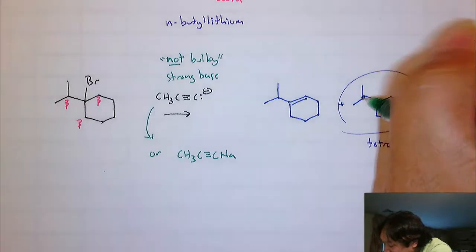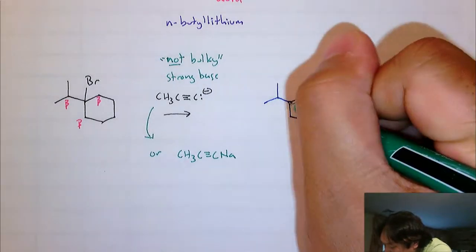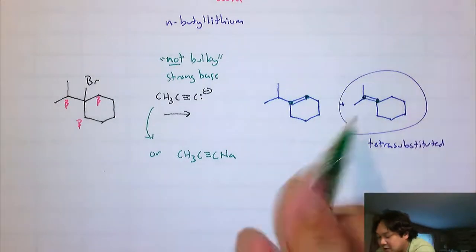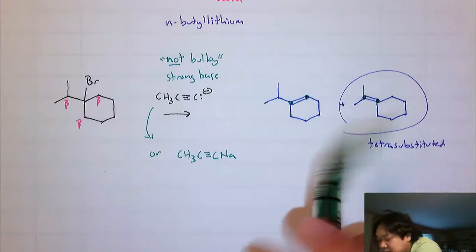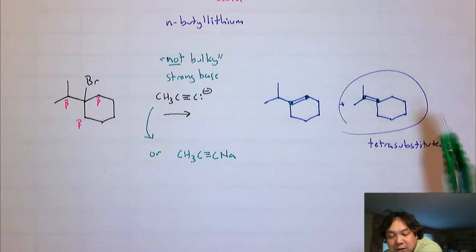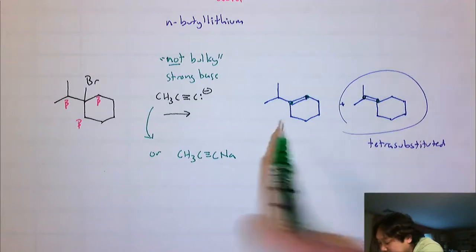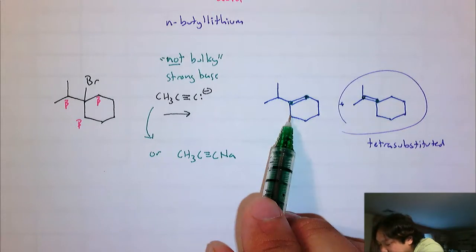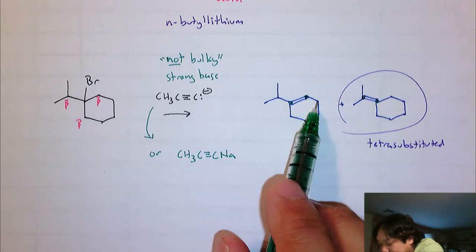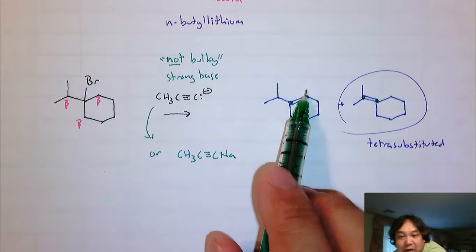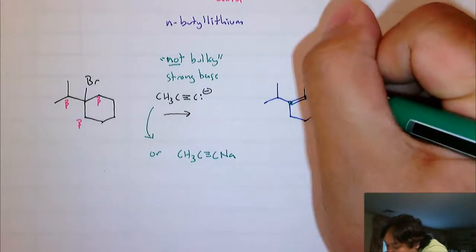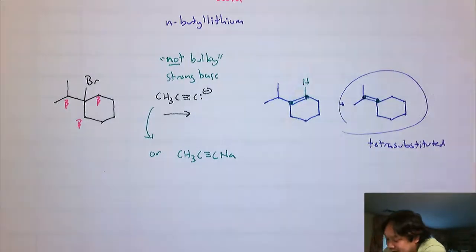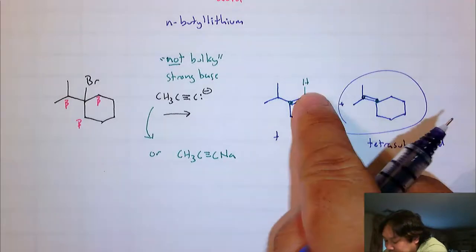Put 2 dots on the double bond carbons, and count how many groups are attached. A hydrogen I do not consider a group. So if I count what's attached to this dot, I have 1, 2, and then here we have a third group, and we have the fourth position being hydrogen. So this is tri-substituted. One of the groups is a hydrogen.